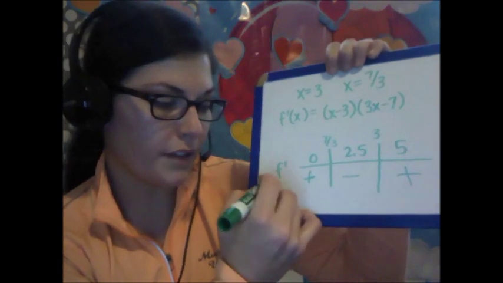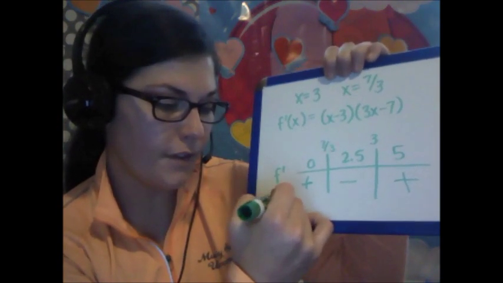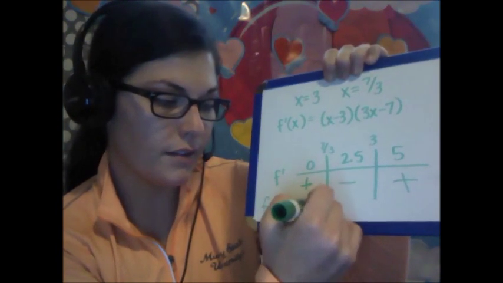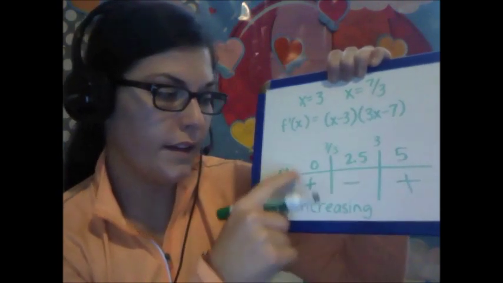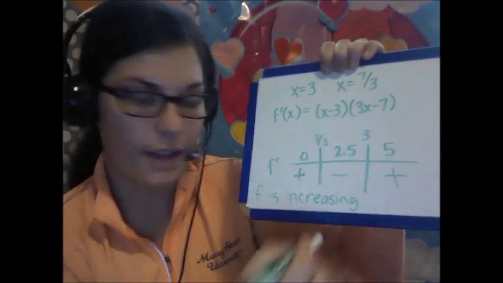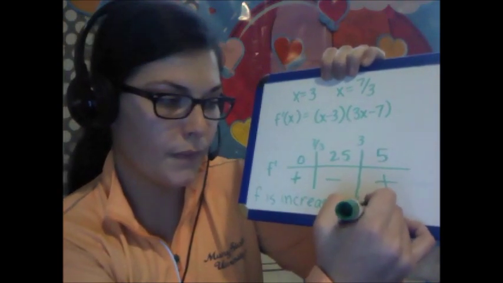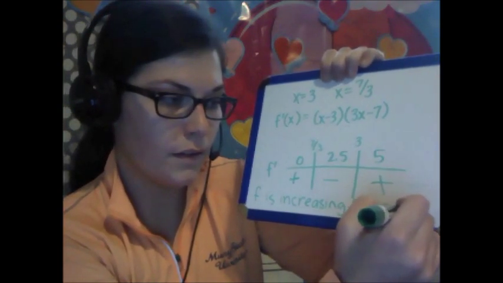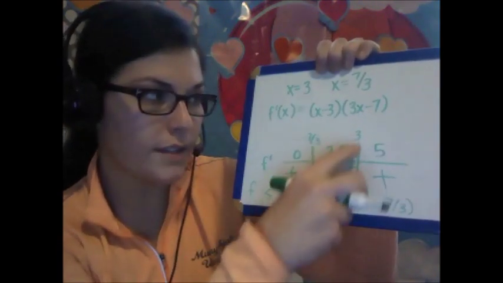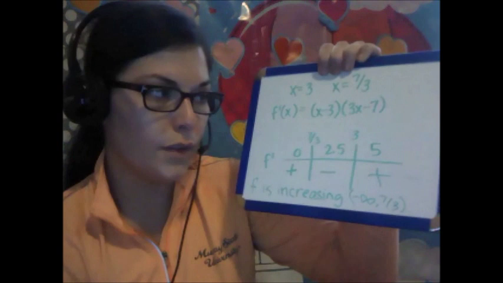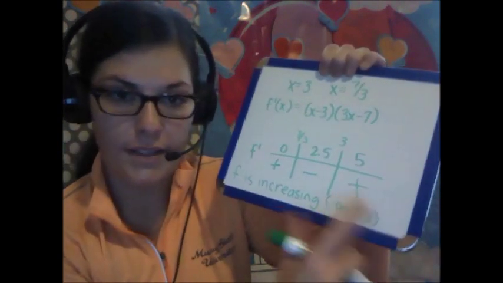So what we're going to write for these intervals, I have f is increasing on the interval negative infinity to 7/3. There is also another increasing interval. Notice I go from 3 to infinity, also has a positive derivative.